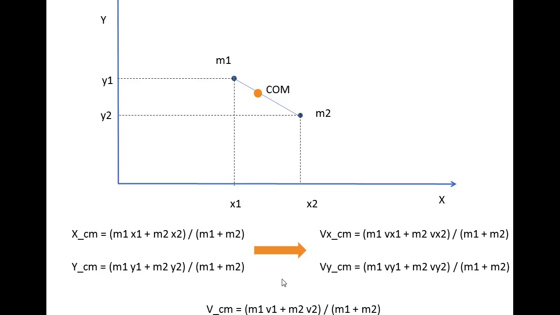Now the interesting point here is that this quantity in the numerator represents the momentum of the system. So for example, if mass m1 before the collision was having velocity v1 and mass m2 was having velocity v2, so this quantity represents the initial momentum of the system.